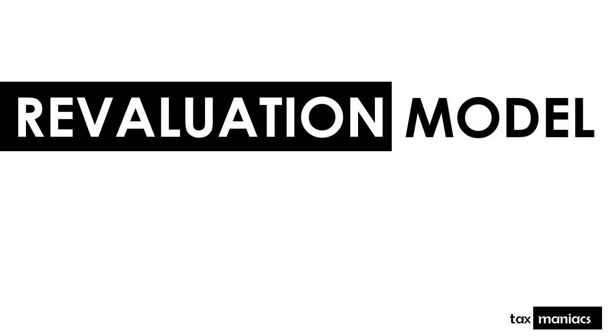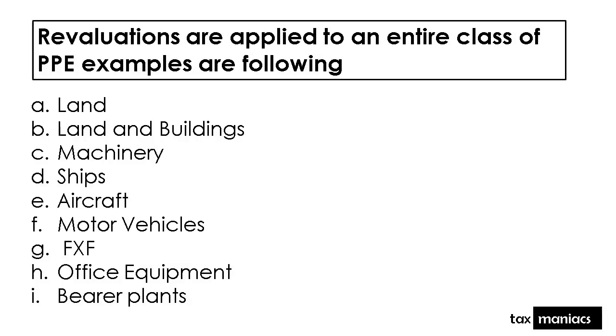Revaluation model. Under the revaluation model, a PPE is carried at its fair value at the date of the revaluation, less any subsequent accumulated depreciation and subsequent accumulated impairment losses. Revaluations are applied to an entire class of PPE.